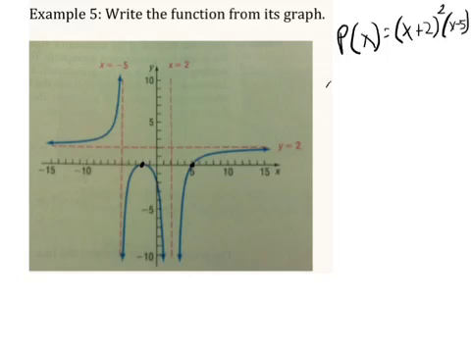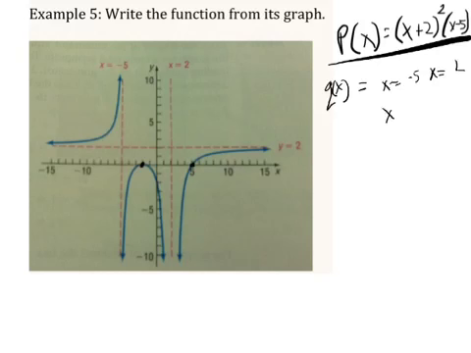Okay, and now we need to figure out what q of x is going to equal. So in order to do that, we got to look at our vertical asymptotes, because it'll be p of x over q of x. And our vertical asymptotes are x equals -5 and x equals 2.